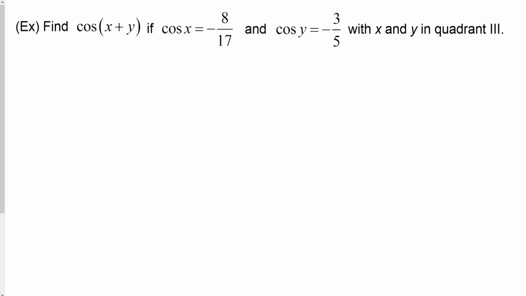Next up, find cosine of x plus y if cosine of x equals negative 8 over 17 and cosine of y equals negative 3/5 with x and y in quadrant 3.